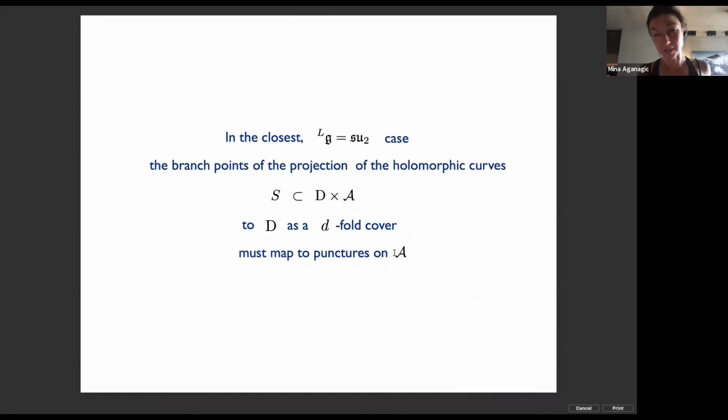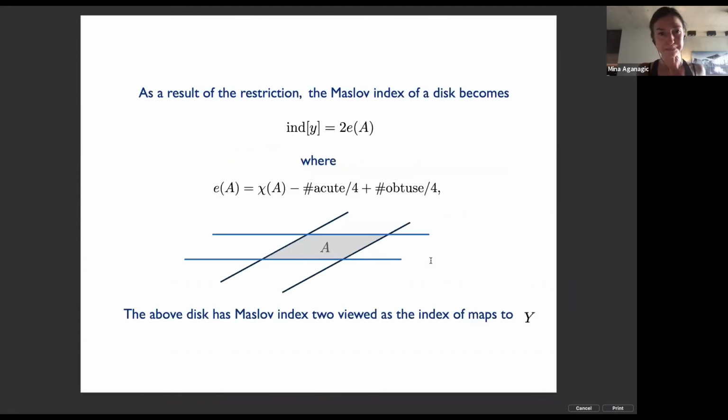So in the closest case corresponding to SU2, the maps that you count correspond to holomorphic curves in D times A, such that the branch points of the projection of S to D as a branched cover must map to punctures on A in a specific way, keeping track of multiplicities.